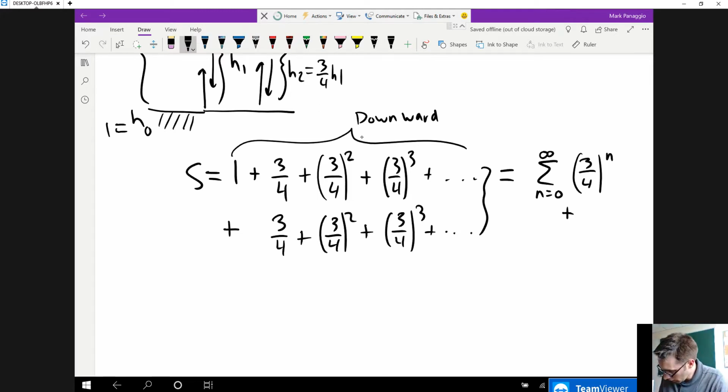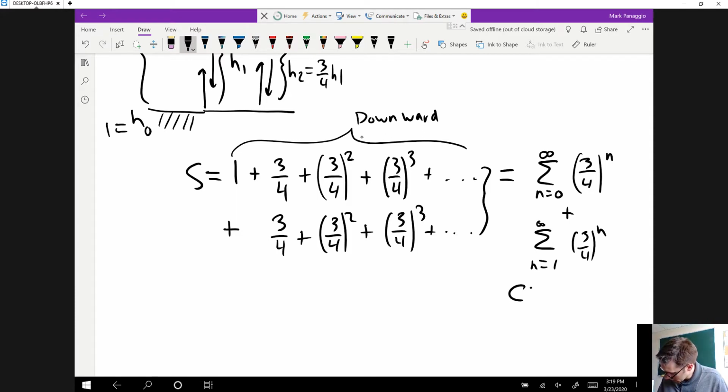And then the second one, we don't actually include 0, we start with 3/4 raised to the first power. And so we could write that as the sum from 1 to infinity of 3/4 to the n. All right, so this means that the total distance that the ball has traveled can be written as the sum of two different geometric series, one that starts with 0 and one that starts with 1.